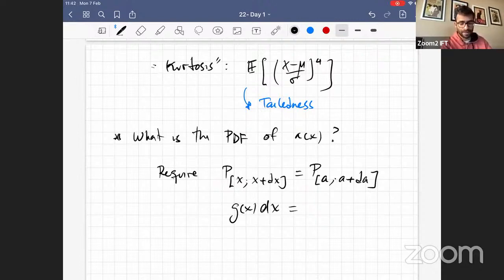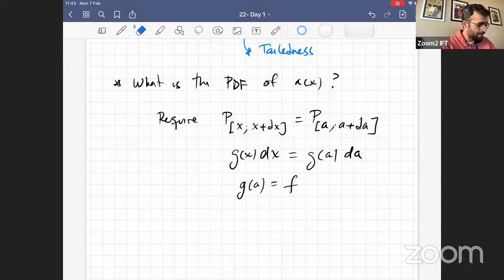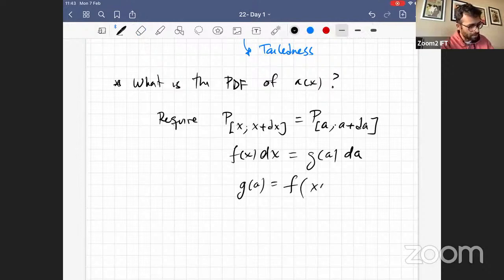If I call this G of X the PDF of X, and G of A the PDF of A, then G of A is nothing but F of X of A multiplied by the Jacobian, right?